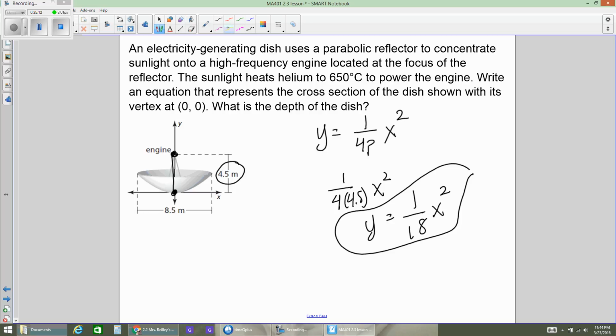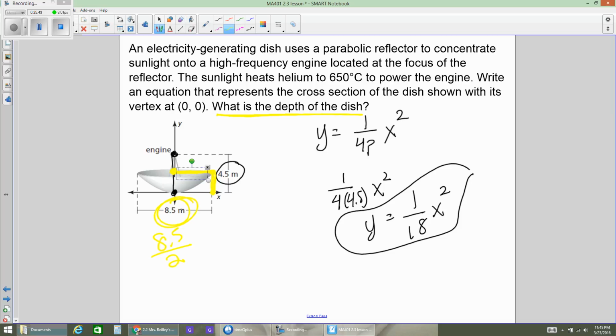Now the question. What is the depth of the dish? Well, the depth of the dish is right here, at that y value, whatever that y value is. Where can we find that y value? We can find it at this x value. So the question is, what's that x value? If the whole length is 8.5, then I need half of the length of 8.5 because that's going to be the x.